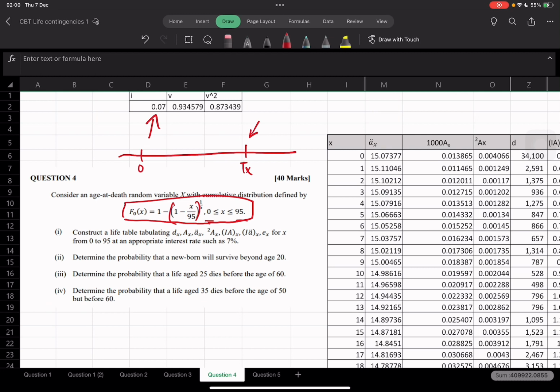For a person who dies at Tx, the death rate is the cumulative distribution function here. The person dies between 0 to Tx. We can calculate the probability using the cumulative function of F naught x. This function is only applicable to a person in the age range up to 95 years. The limiting age is 95.